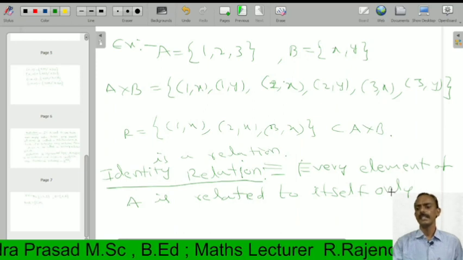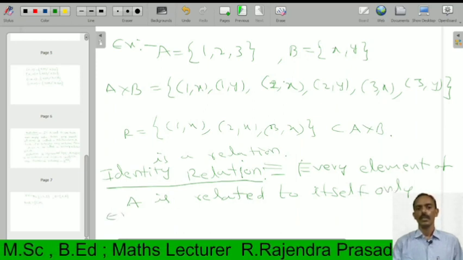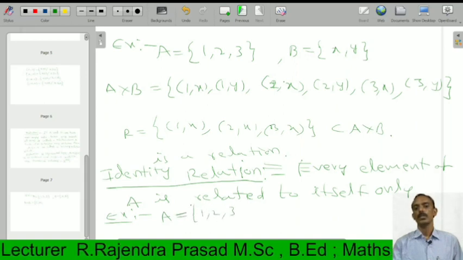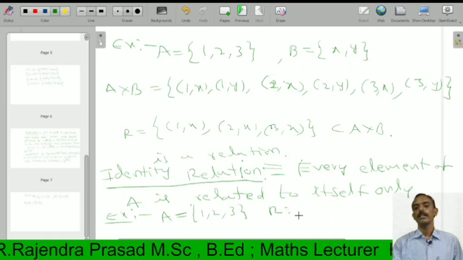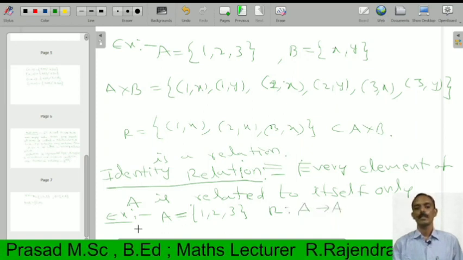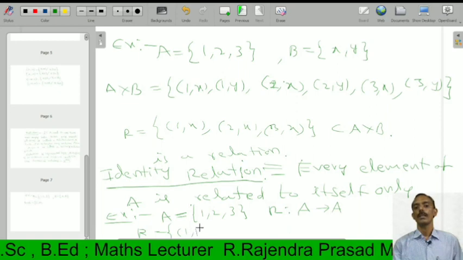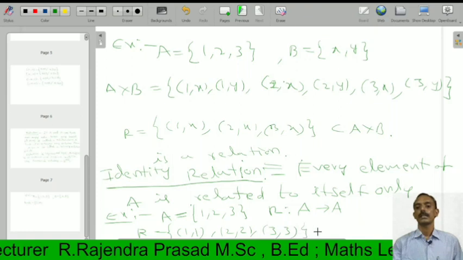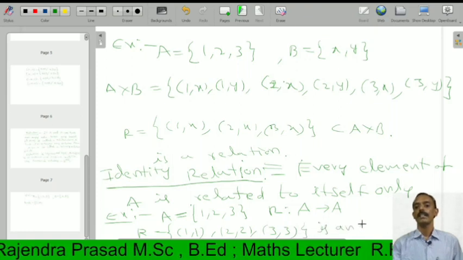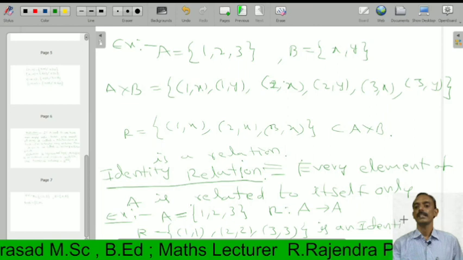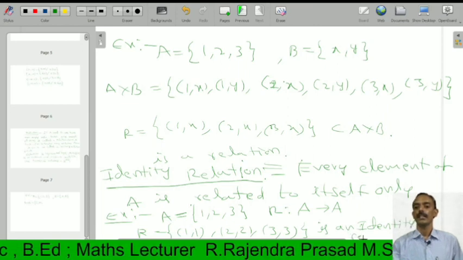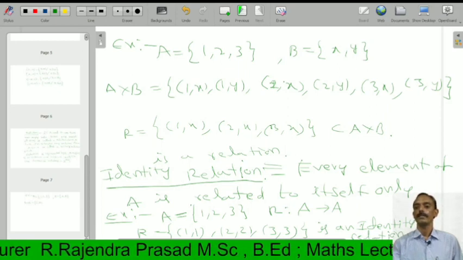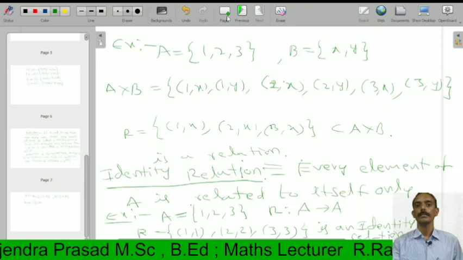That is an identity relation. For example, A equals {1, 2, 3}, relation A to A. Here R equals {(1,1), (2,2), (3,3)} is an identity relation on A. Okay.